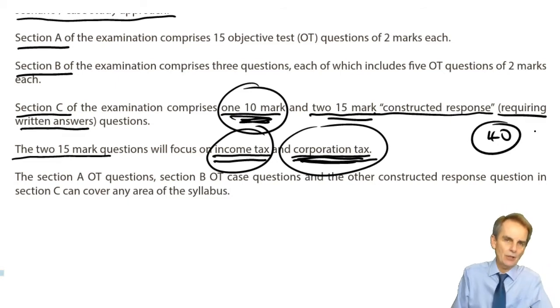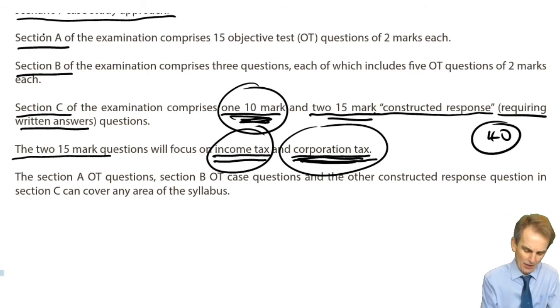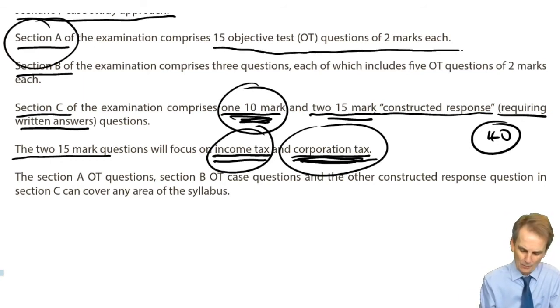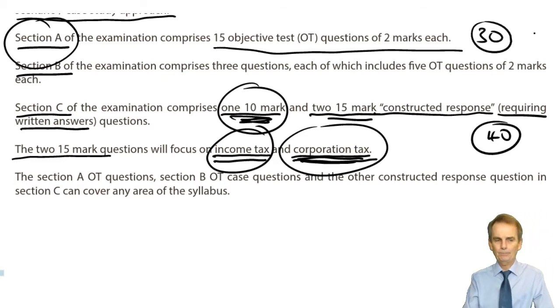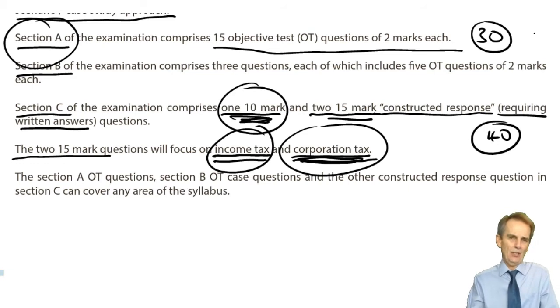But an objective testing question, we're going to turn our attention now to section A, which is these 15 2-mark objective testing questions. So 30 marks to be had here. And with an objective testing question for 2 marks, it's all or nothing. There may be 2, 3, 4 steps that you have to take to get to that final correct answer.